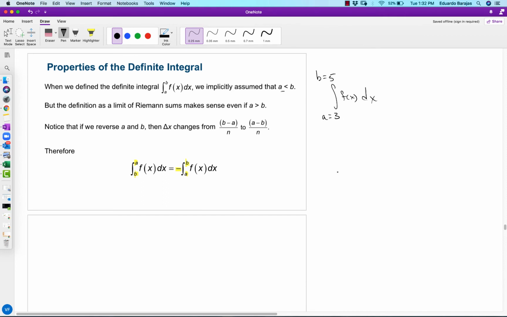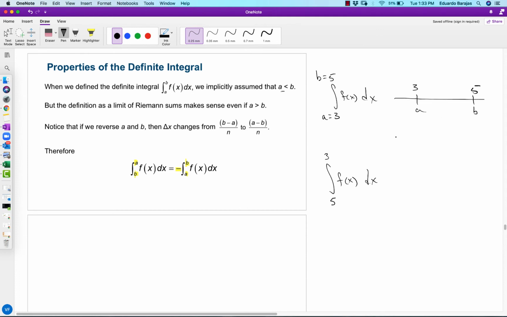On the other hand, if they give you an integral defined the other way around, where they put the largest number down here and the smallest number up there, that seems a little bit weird. So here we have from a to b, so this is from 3 to 5, and we want to find that area.